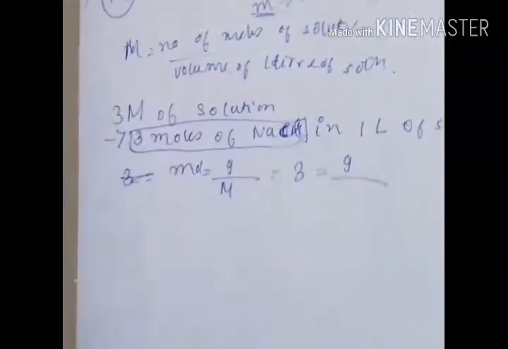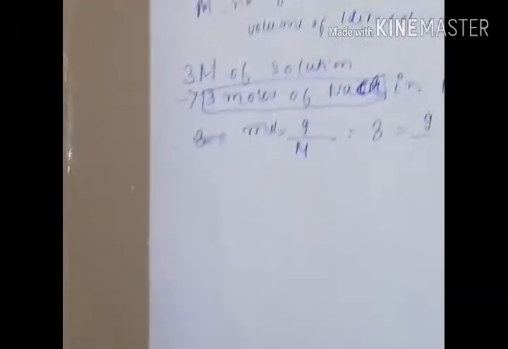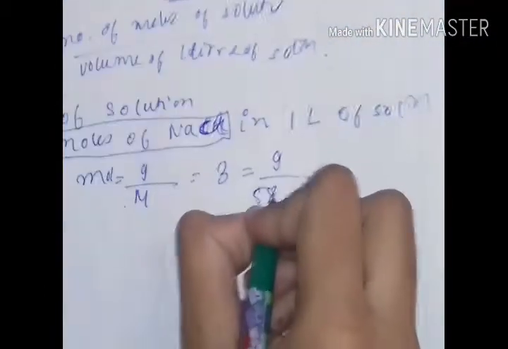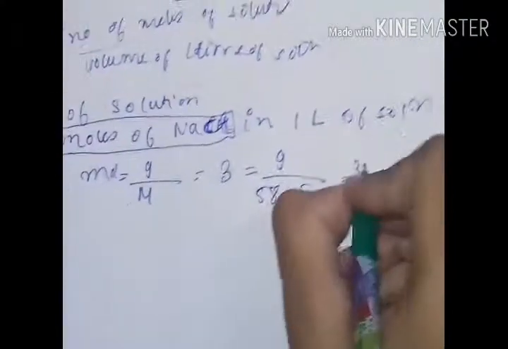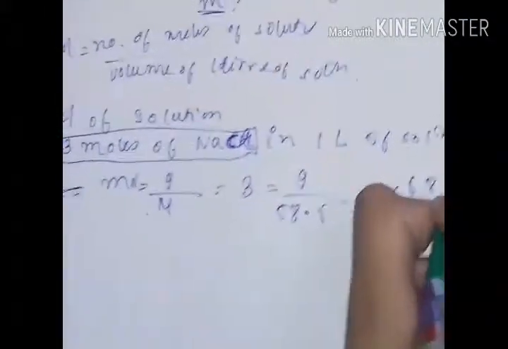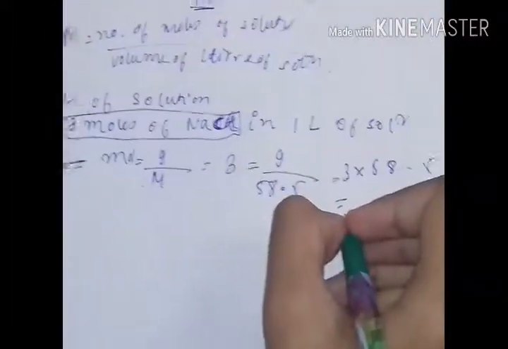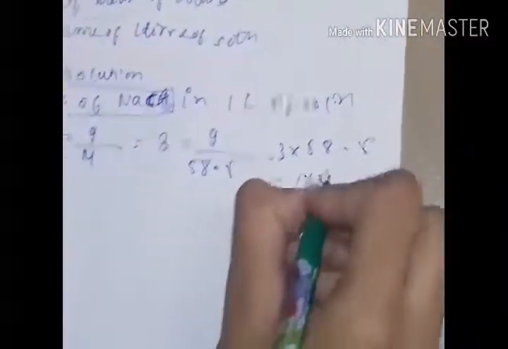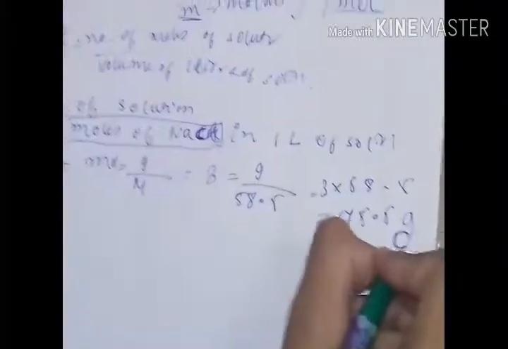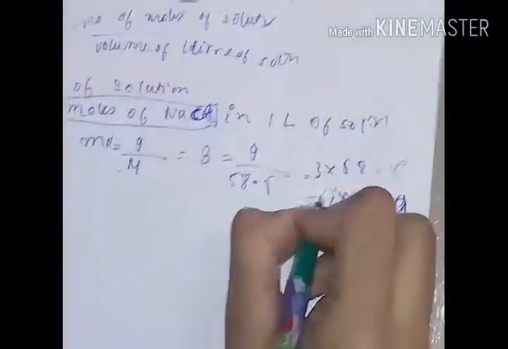So what is the molar mass of NaCl? Molar mass of NaCl is 58.5. When we multiply 3 into 58.5, we get 175.5 grams. Are you clear?